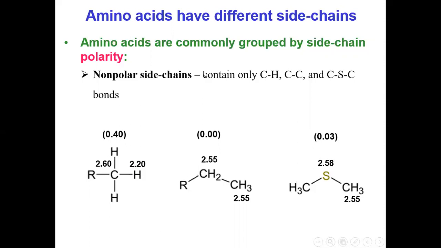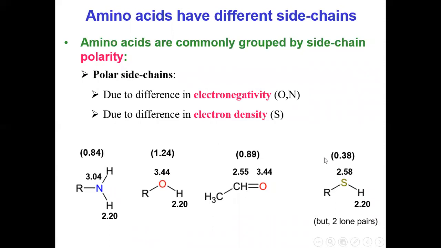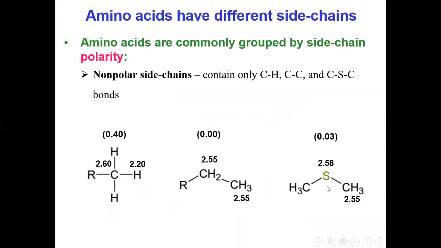So all of these side chains are non-polar, but we have one case, that of the amino acid methionine, which contains also a sulfur atom. Now, when we talked about polar amino acids, we saw that when a sulfur atom is bonded to a hydrogen atom, then the bond is polar. Here, we have a different case.